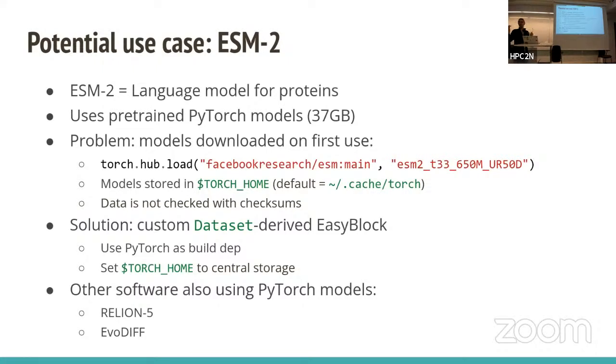And then the home gets filled and you get all those problems. So the solution is, again, to create a custom dataset-derived EasyBlock with PyTorch as a build dependency, so we can just run that command for the user and store it in the Torch home environment variable that we set in the EasyConfig for them in the module.